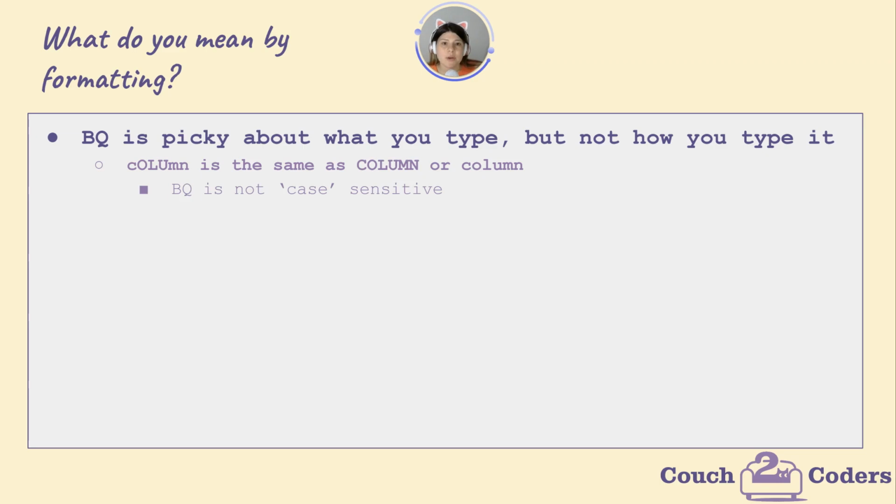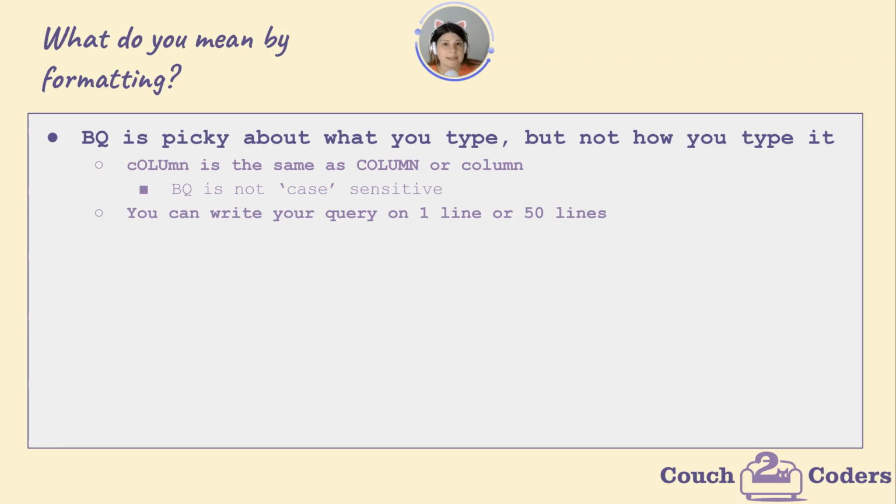What this means is that BigQuery is not case sensitive. When we say case in terms of capital or lowercase, that's where it comes from, uppercase, lowercase. So when it's case sensitive, that means that all caps column is different from lowercase. For BigQuery, nope, that's not how it goes.